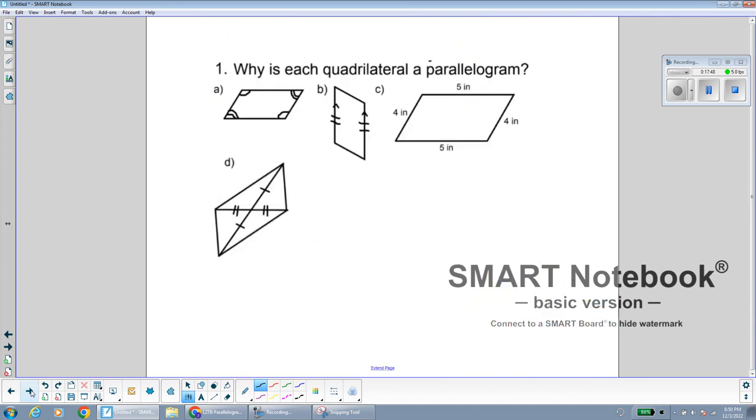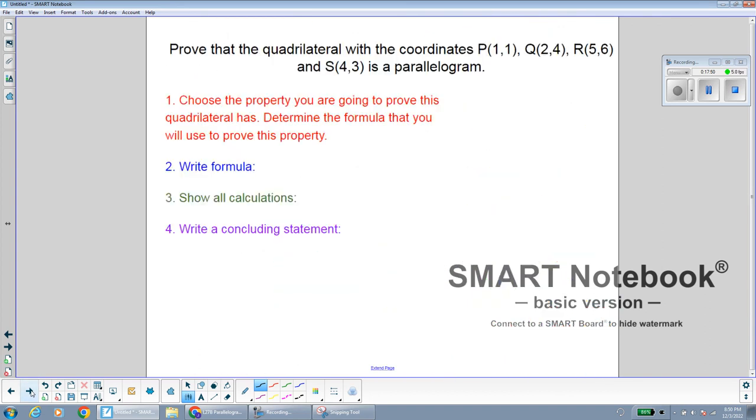So let's go back, and I'm just going to pick one that I want to use. I don't have a coordinate grid here, but I can draw myself an estimate grid just because I want to see where the points are located. So P is 1, 1, so that would be somewhere here. Q is 2, 4, so that would be to the right and up from point P. Then we have R is 5, 6, somewhere over here.